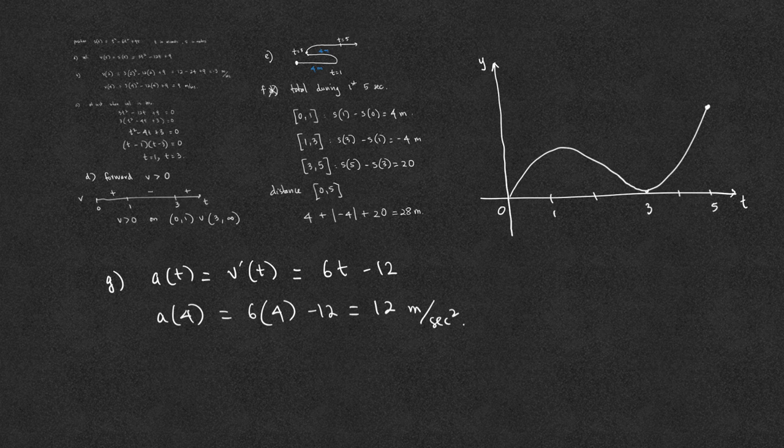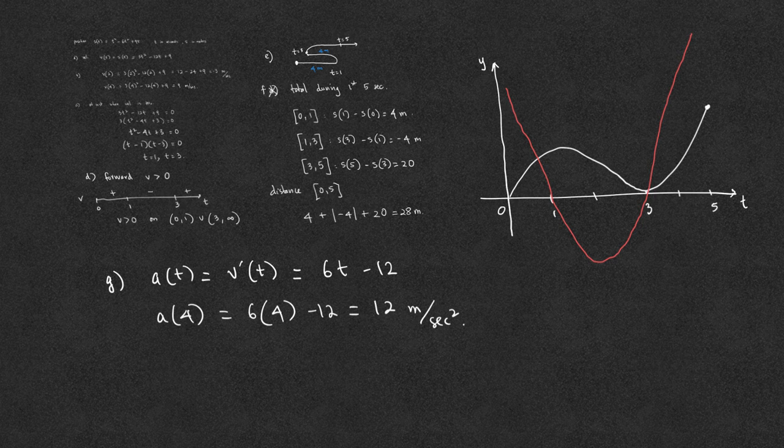Next, we graph the velocity. We saw that the velocity had two zeros, 1 and 3, and it is a quadratic concave up, and so we know that the graph of the velocity is a parabola up to 5 only. And then the acceleration is 6t minus 12, and so it is a linear function whose graph is a line.